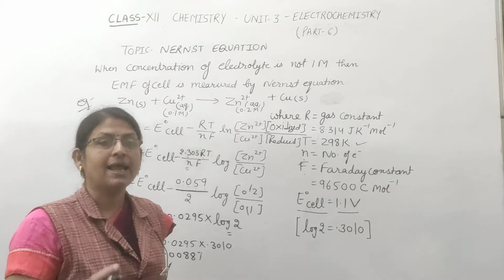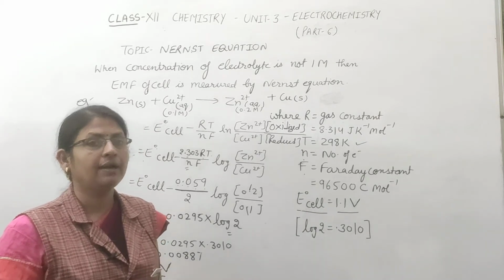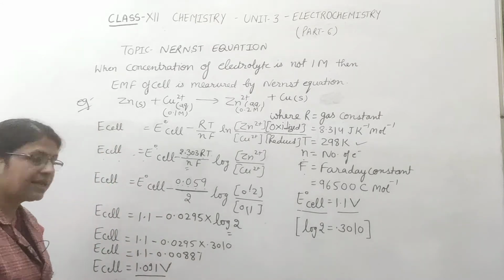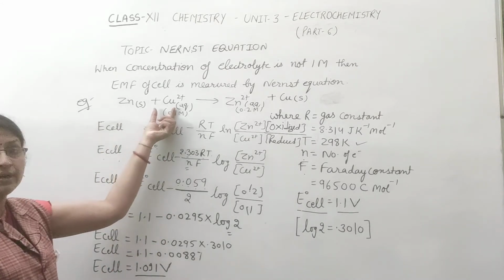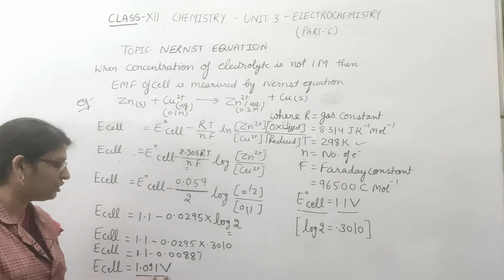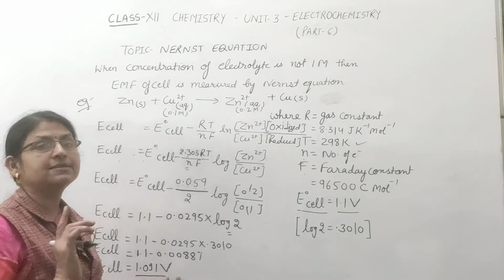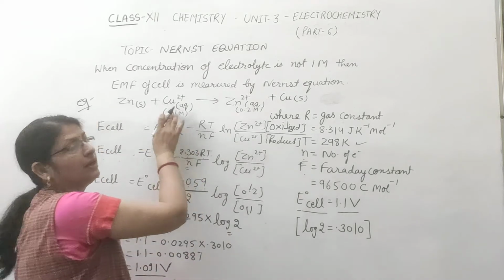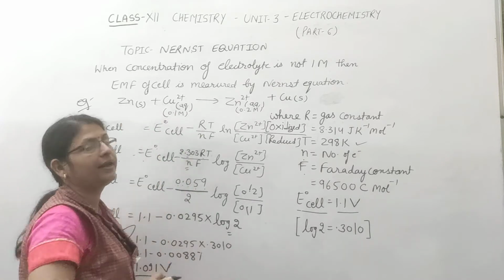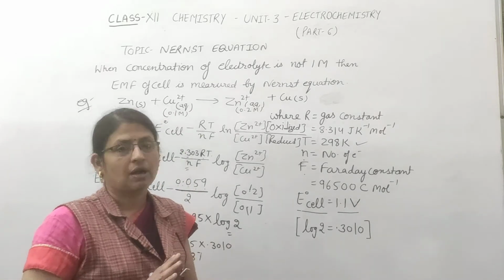So it is slightly less than the standard electrode potential. So the E cell of this redox reaction is 1.091 volt. It is one example where we take zinc ion and copper ion as a redox couple.